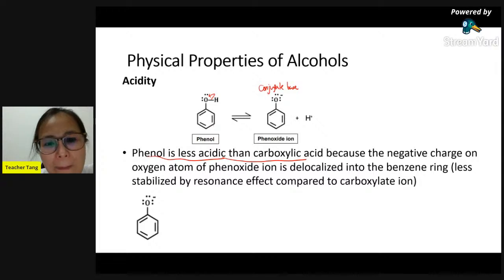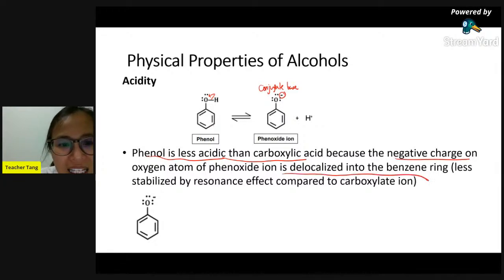So why is it less stable? It is because in the phenoxide ion, the negative charge can only be delocalized into the pi system of the benzene ring. So it can be stabilized by resonance effect, but less compared to the carboxylate ion.